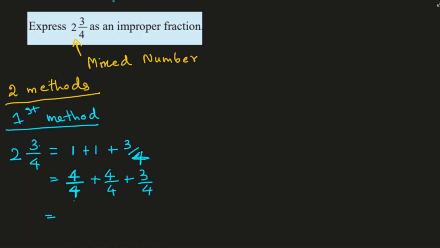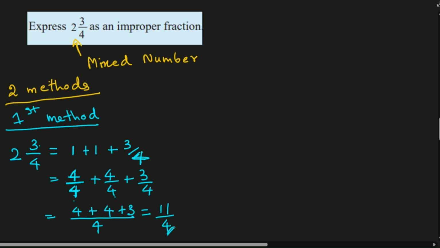The denominator is the same for all these three fractions, so I can write the common denominator as 4. And I can write the numerator part as 4 plus 4 plus 3. Then 4 plus 4, it's 8. 8 plus 3, it's 11. Then 11 upon 4. Understood? So that's the answer.